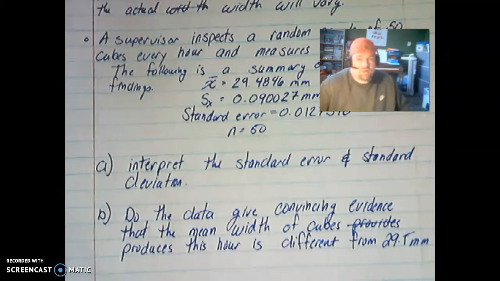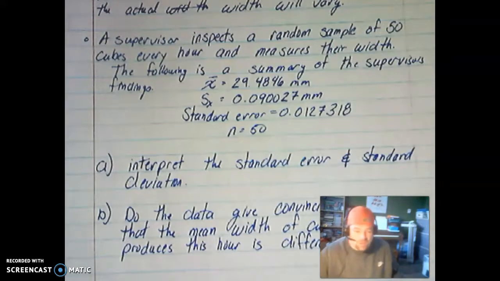Now thinking ahead for part B, we need to make sure that our 4 conditions are met, and we also have to decide on our significance level. Because this is not life-threatening or financially threatening, we're probably going to use a significance level of 0.05.